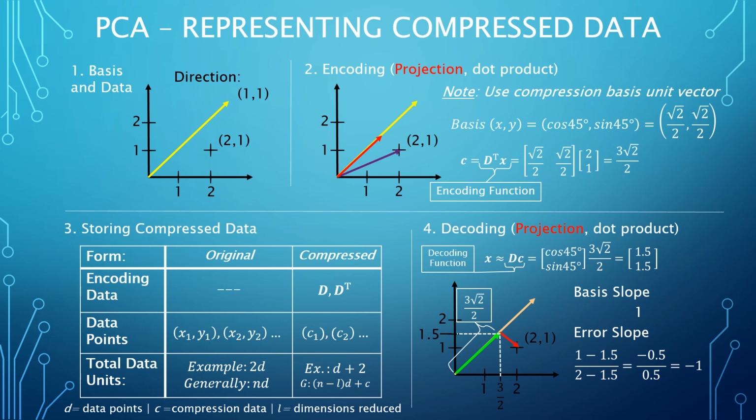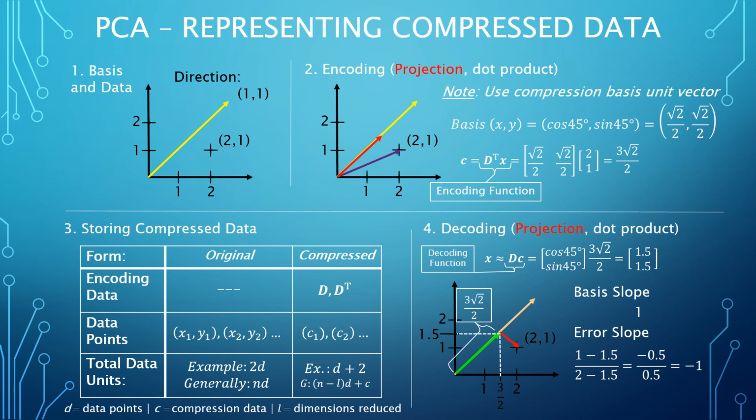So finally, on the bottom right side, we can see how the encoded data can be decoded by multiplying by the transformation again. Mathematically, we can see that we're multiplying a vector, which is our basis, by a scalar, which brings it to become the representation for our original data vector x. Really, though, we can consider this as a transformation of our one-dimensional encoded point onto two-dimensional space.